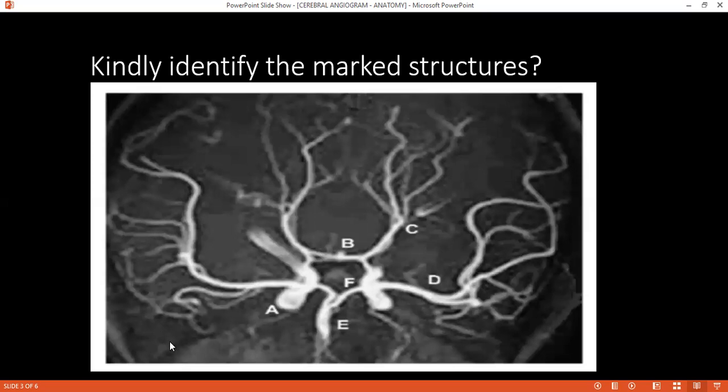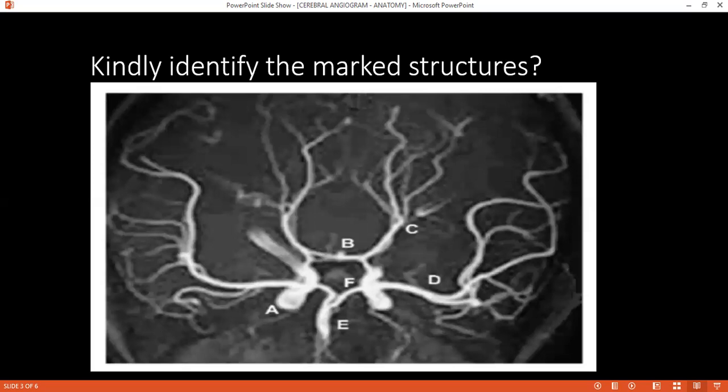Very good. Can you please tell me how the circle of Willis is formed? The circle of Willis is the anastomosis between the internal carotid artery and the vertebral artery. The vertebral artery enters the foramen magnum to make the basilar artery. The basilar artery has many branches, but the main branches of the circle of Willis are the posterior cerebral arteries.